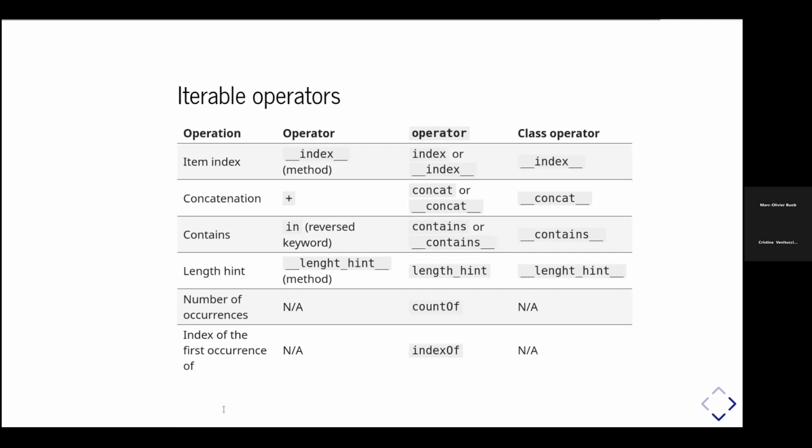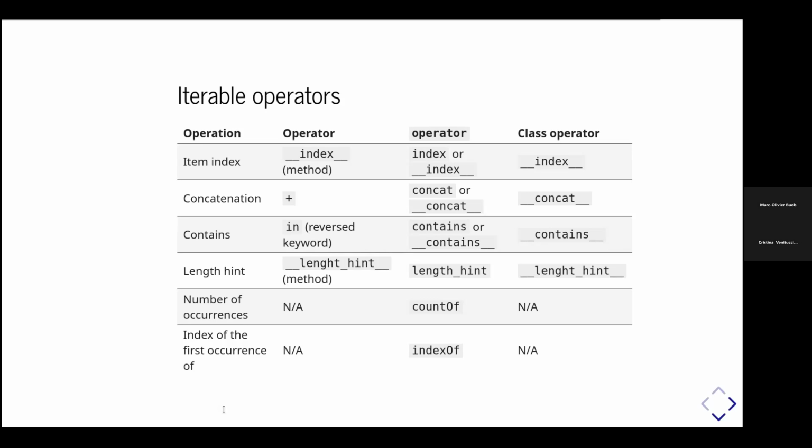So maybe more useful for most of you, the iterable operators that implement the bracket behavior. Once again, we can overload all those operators. So allowing to implement the indexing when you're using an iterable, the concatenation, the statement in that tests whether an object is contained. So you have to be careful because for in, the keyword is reversed.